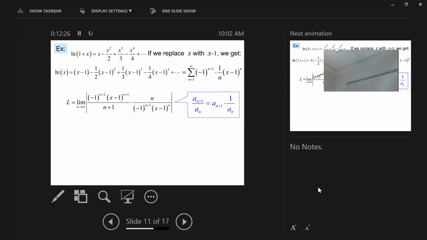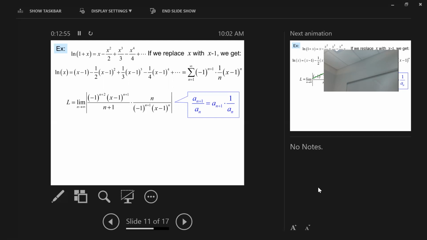You take this, and make this the denominator, and replace the n with n plus 1, and you make it the numerator. So you take this negative, this n plus 1, and replace with n plus 1 plus 1. That's where they got this negative 1 to the n plus 2. Then this n is n plus 1, and this n is n plus 1.